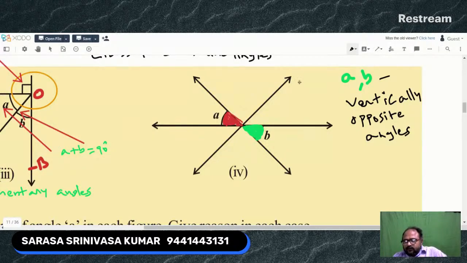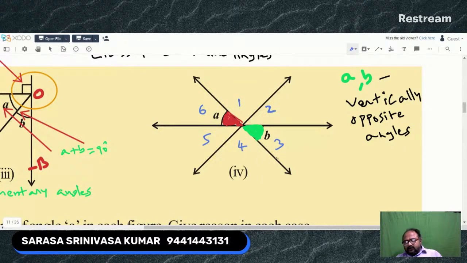Now, I would like to draw here. This is angle 1, angle 2, 3, 4, 5, 6.